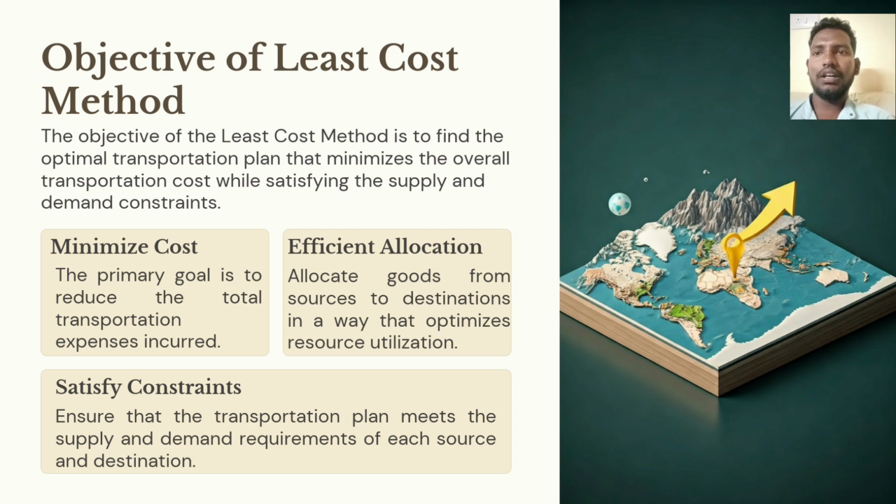Efficient allocation: allocate goods from sources to destinations in a way that optimizes resource utilization. Satisfy constraints: ensure that the transportation plan meets the supply and demand requirements of each source and destination.